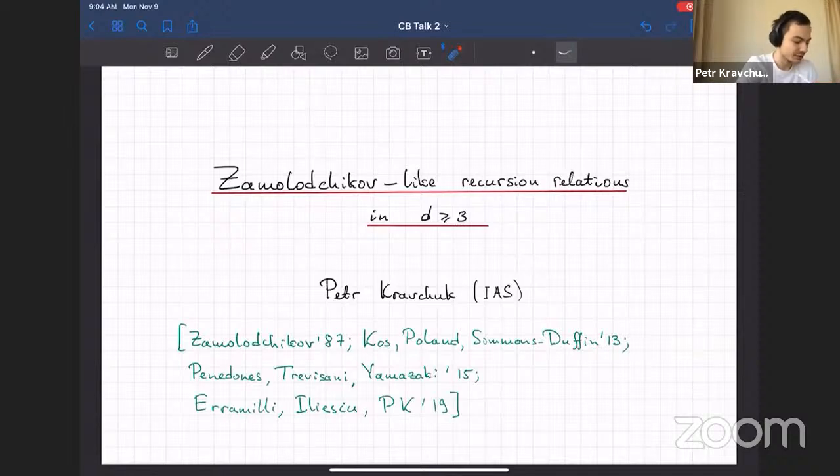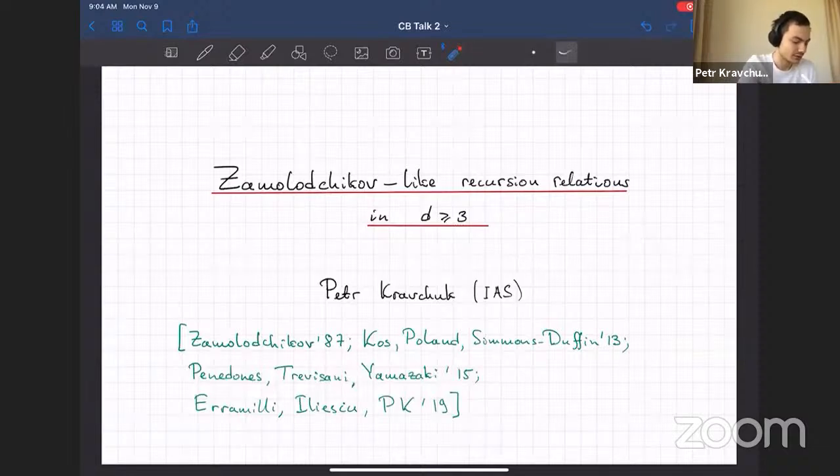They have been less popular, in part because of reasons I'll explain. The main paper which discusses the recursion relations in a more general higher dimensional context, outside of the world of scalar blocks, is this paper by Penedones, Trevisani and Yamazaki in 2015.